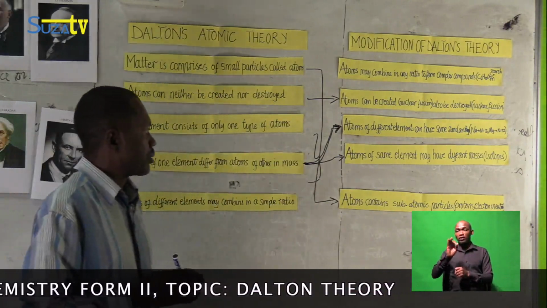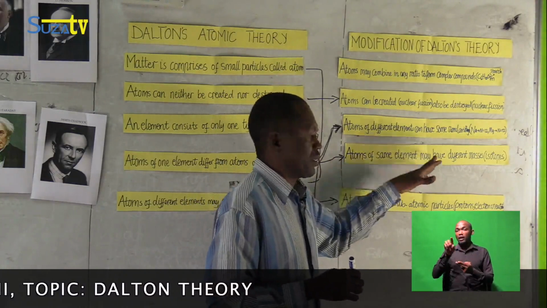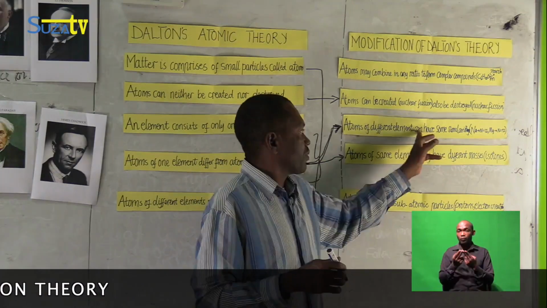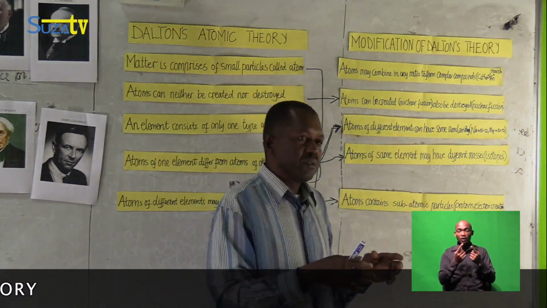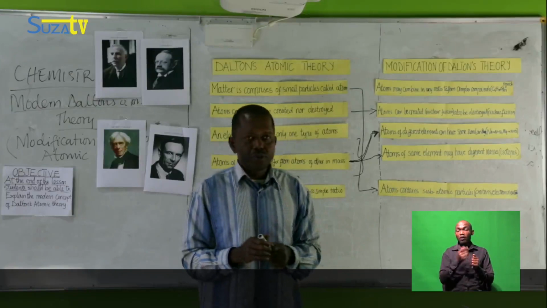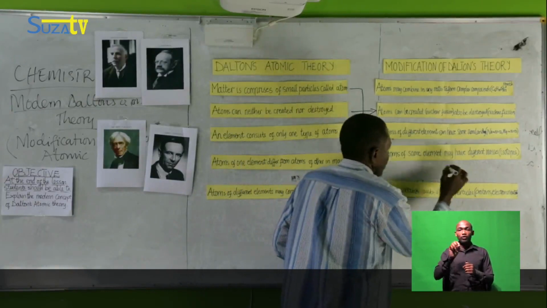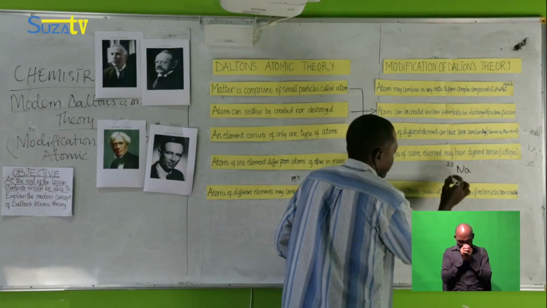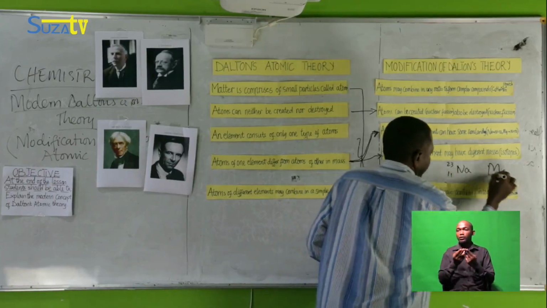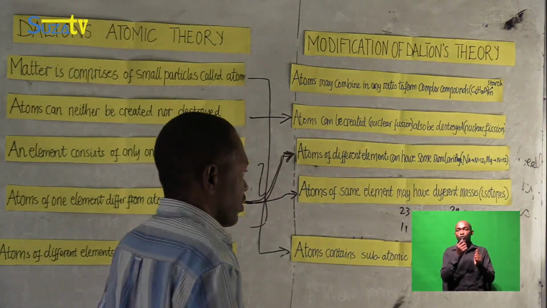One is talking about particularly the same element, individual element, but atoms from the same element having different masses. And also this talks about different elements having the same property, for example, number of neutron in case of sodium, which has 23 mass with 11 electron, and magnesium, which has 24 in mass and 12 atomic number.